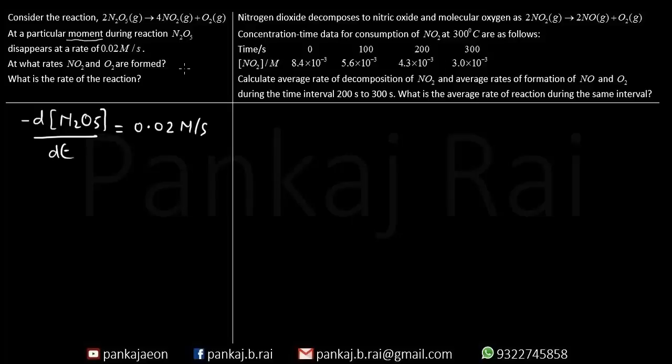This is a special type of sum which always repeats, wherein they give you a reaction and the rate of one of the components, and ask you to find the rate of the other components.